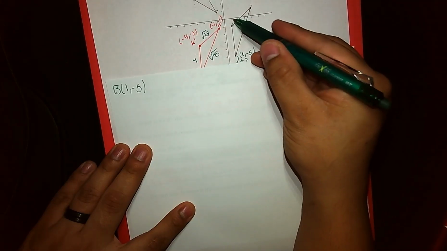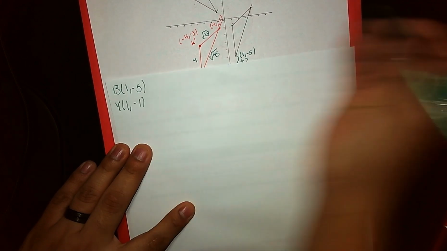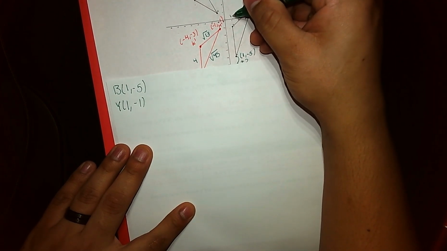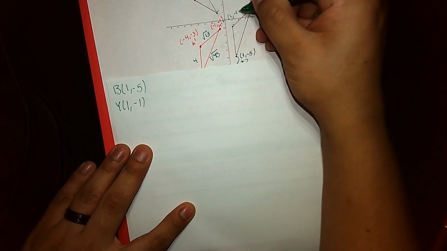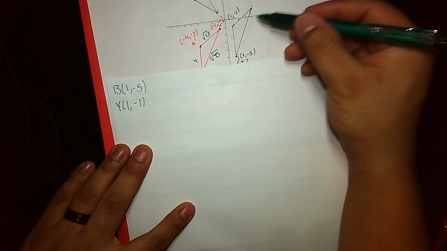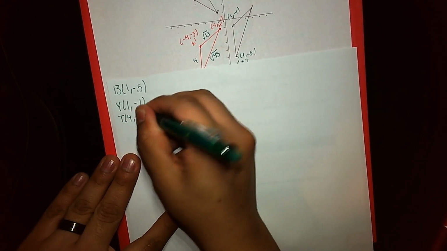Y sits at 1, -1. And I'll write that here, 1, -1. And then T sits at 4, 1.